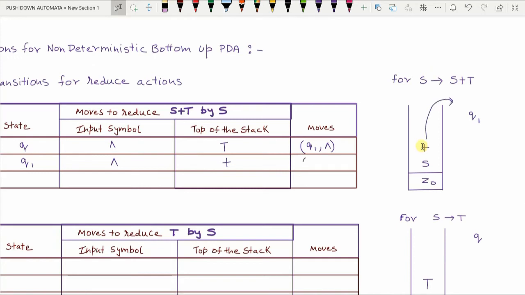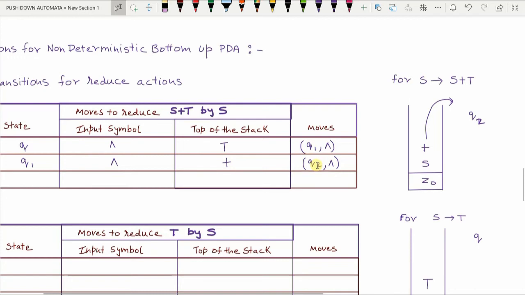So I will pop this plus out of the stack and I will move to Q2 state. So I will write here, I am going to Q2 state by popping the plus out. Popping means pushing null into the stack. So this is how from state Q I popped this T out, I went to Q1. From state Q1 I popped plus out, I went to Q2.